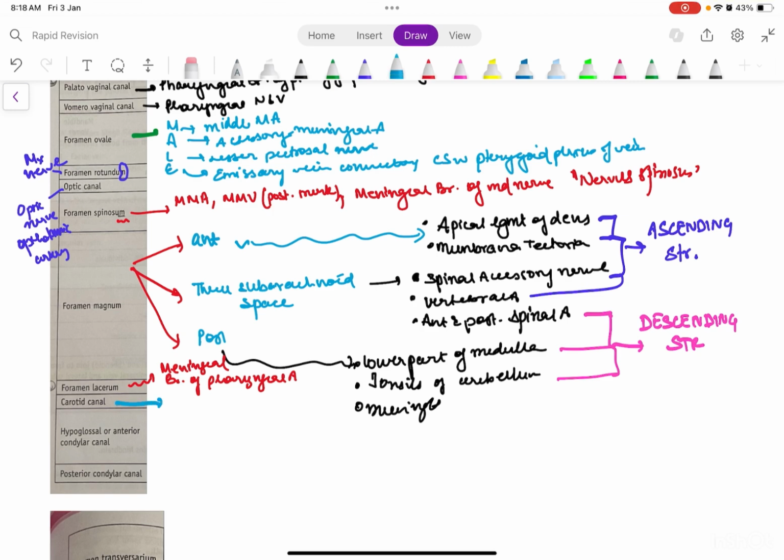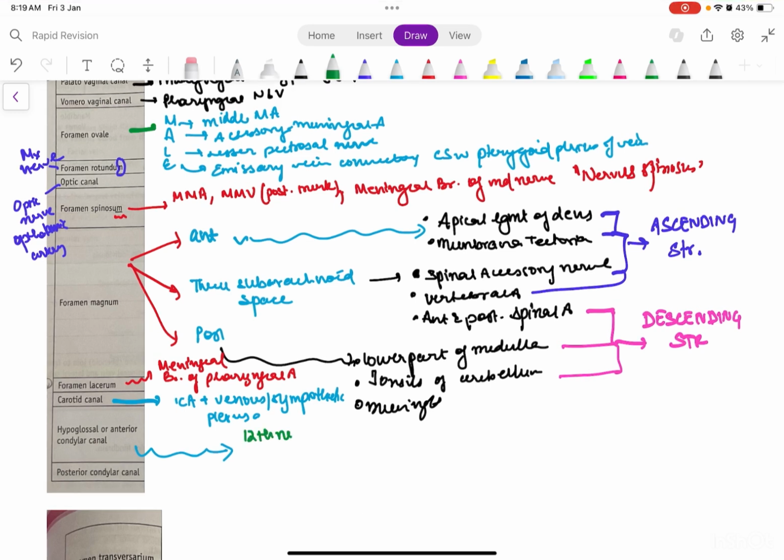In the carotid canal, we have the internal carotid plus the venous or sympathetic plexus around it. Then the hypoglossal canal, something that you should know. First is our 12th nerve itself.